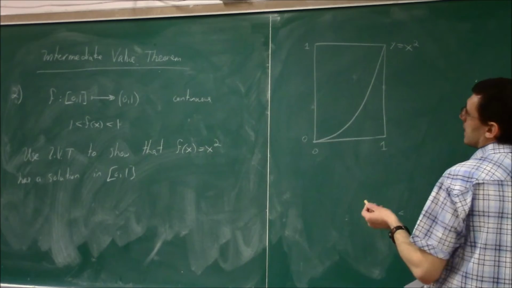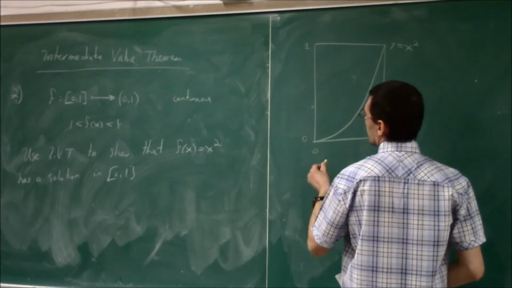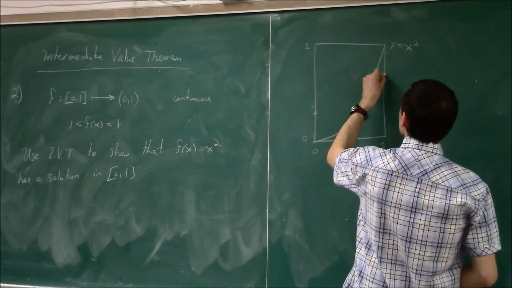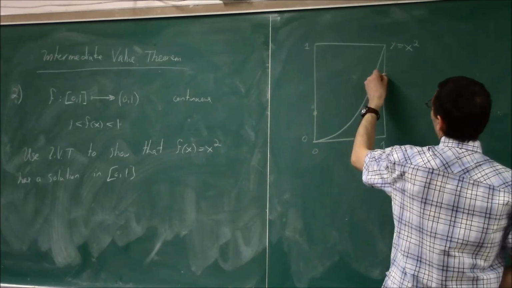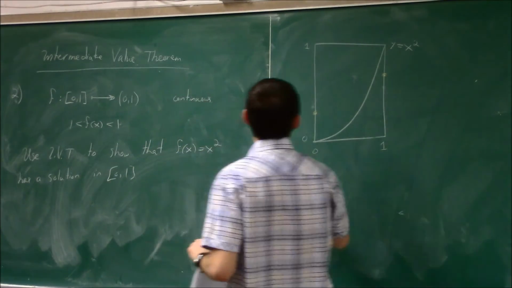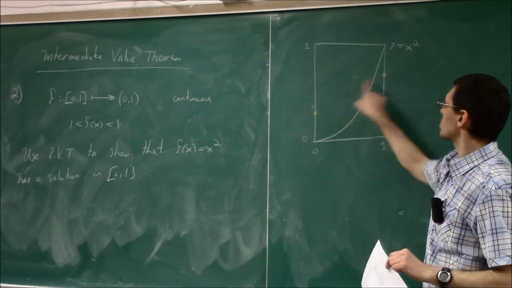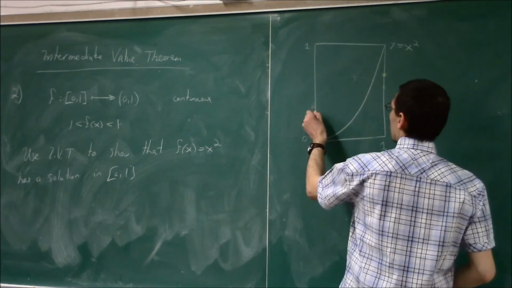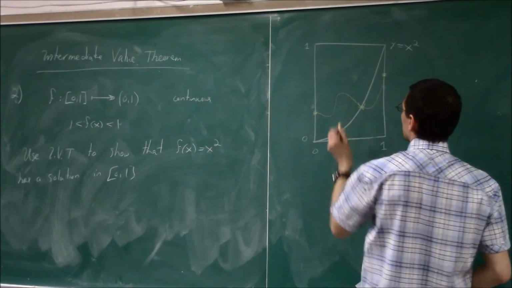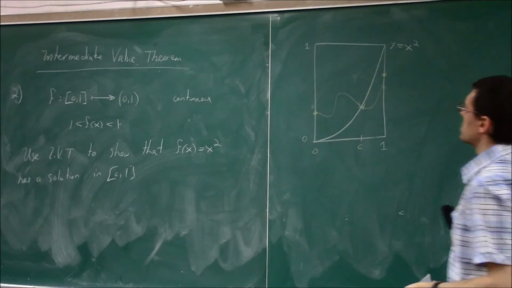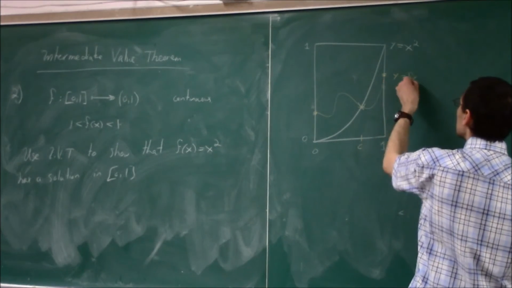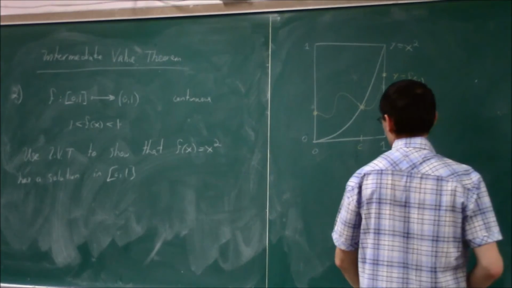What do I know about this function? I know that this function at 0 is somewhere bigger than 0 and at 1 somewhere less than 1. So I know that the actual drawing of f of x must be some continuous curve connecting those two yellow points. However you try to connect those two points, it seems obvious that at least in one place, for some value of c, there will be an intersection. So intuitively, it is clear.